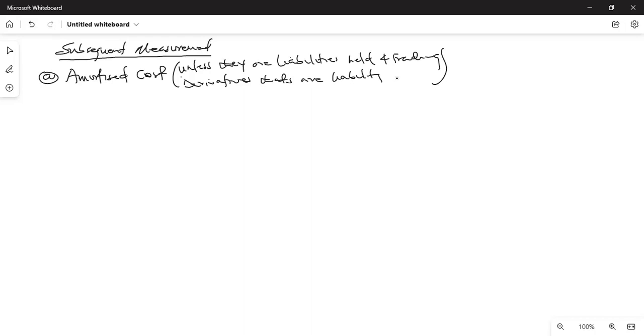Now what is amortized cost? The formula for calculating amortized cost, I believe you know. You have your initial value, which is your initial measurement.